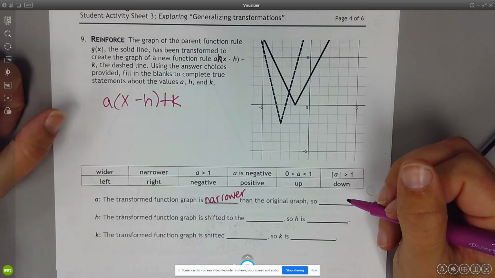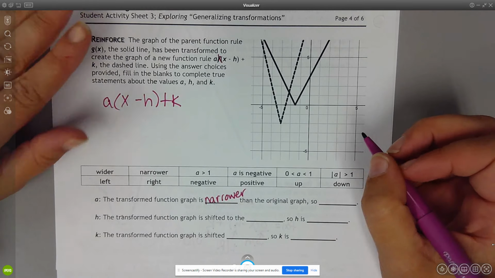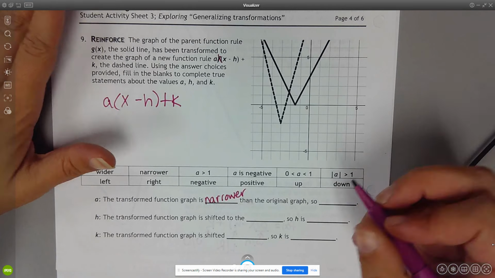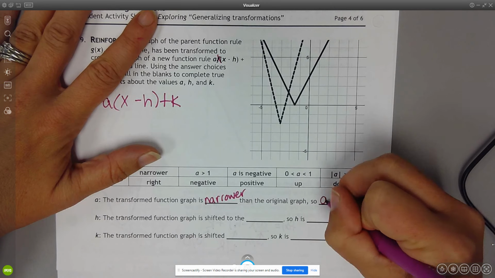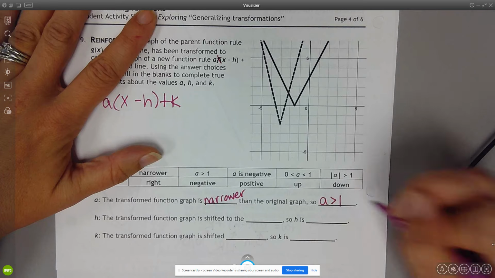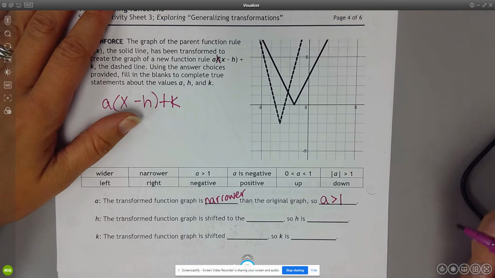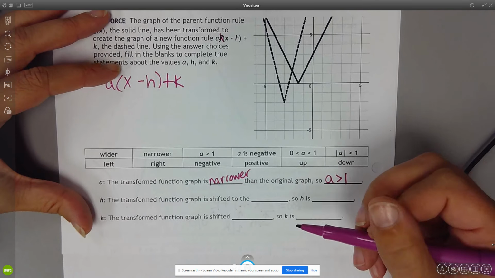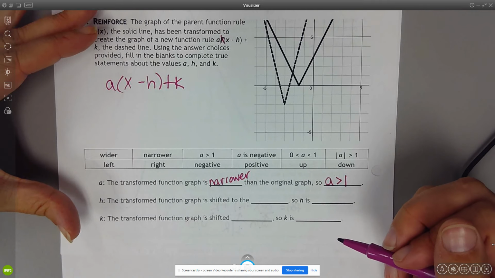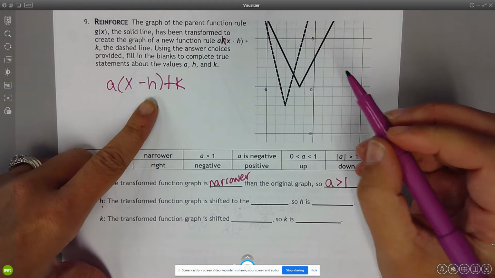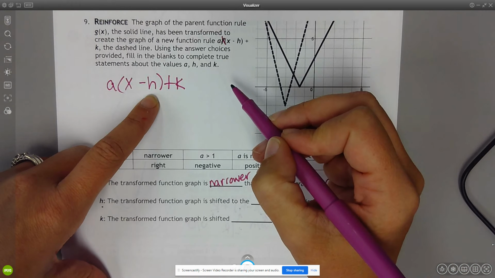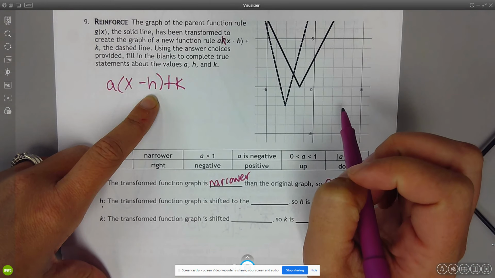Following those rules, I know that the bigger A is, the more narrow it's going to be. So A has to be greater than 1. The transformed function is shifted to the blank, so H is what? Now I'm looking at H, and again, remember H, guys, tells us left or right.